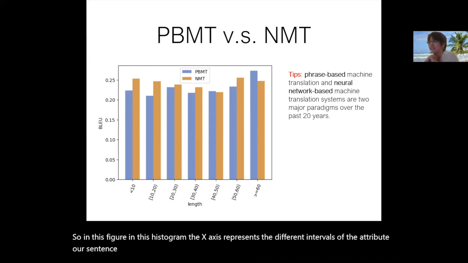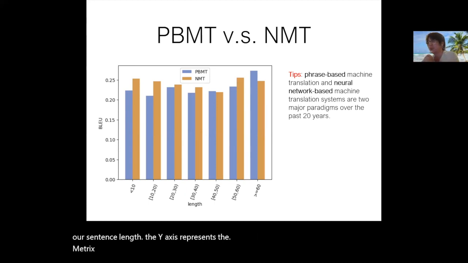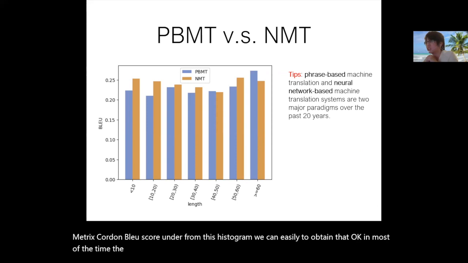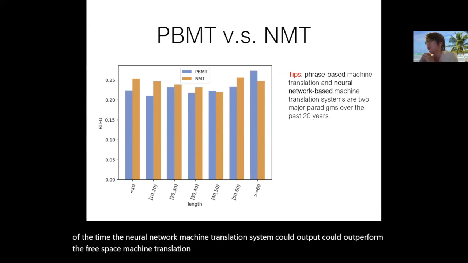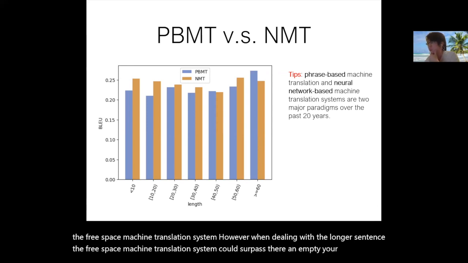The y-axis represents the metric score, the BLEU score. And from this histogram, we can easily see that, in most cases, the neural network machine translation system could outperform the phrase-based machine translation system. However, when dealing with longer sentences, the phrase-based machine translation system could surpass the NMT, neural network-based machine translation system.